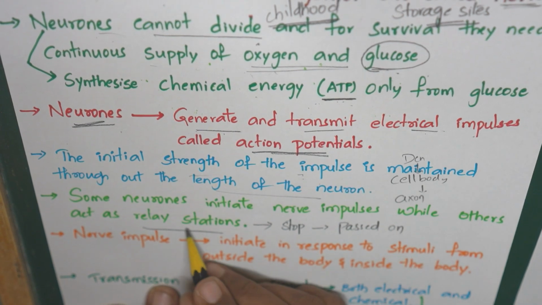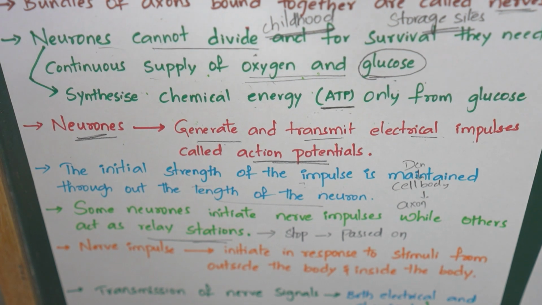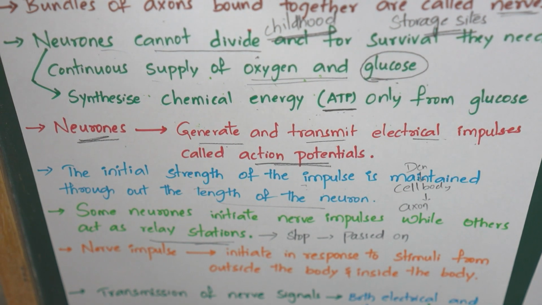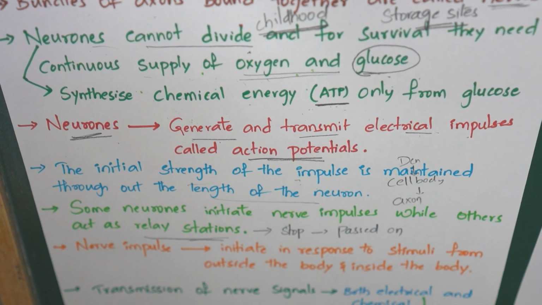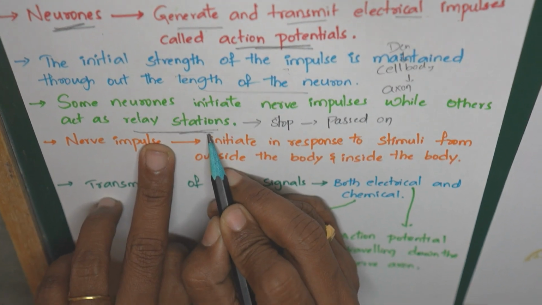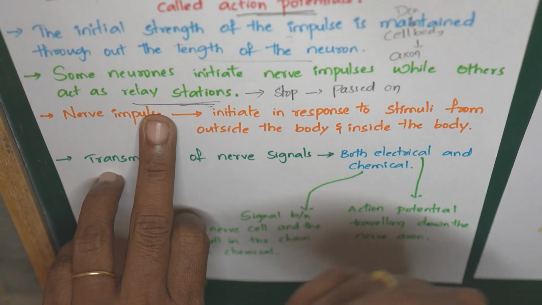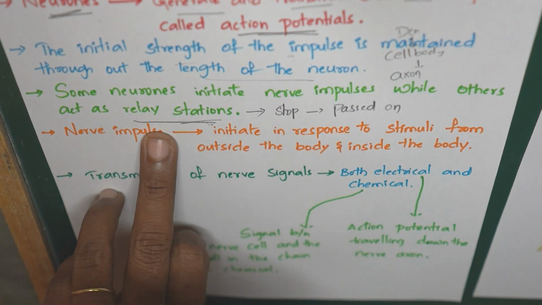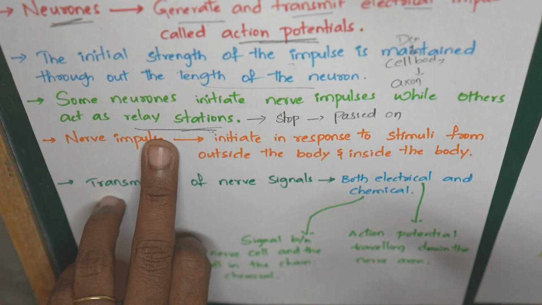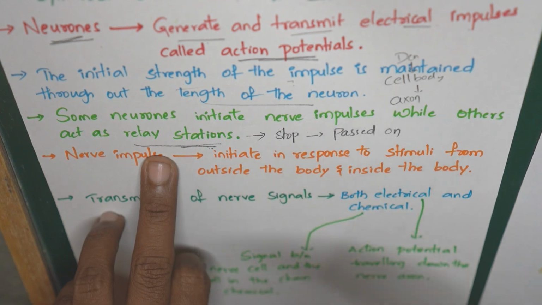But here it doesn't analyze the impulses. Its main aim is to pass on whatever impulse is received at this station to the other neurons. Understood? Like a train station, for example, on the route from Tirupati to Hyderabad, there are towns in between, which are called relay stations.